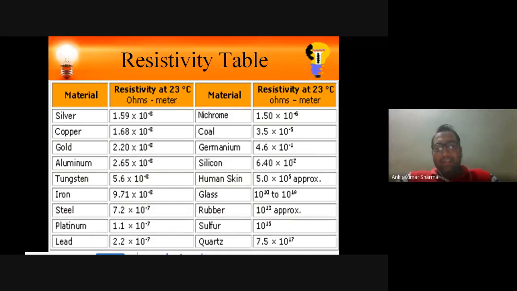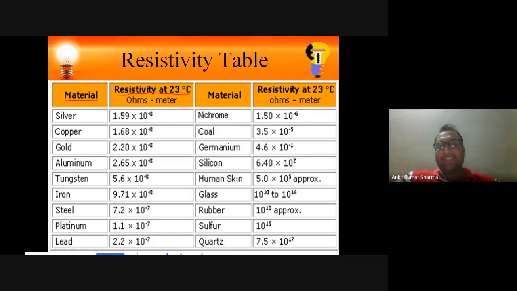In this lecture, we will start from the resistivity table. You can see in the table there are two columns. The first column shows the material, and the second column shows the value of resistivity at 23 degrees Celsius.